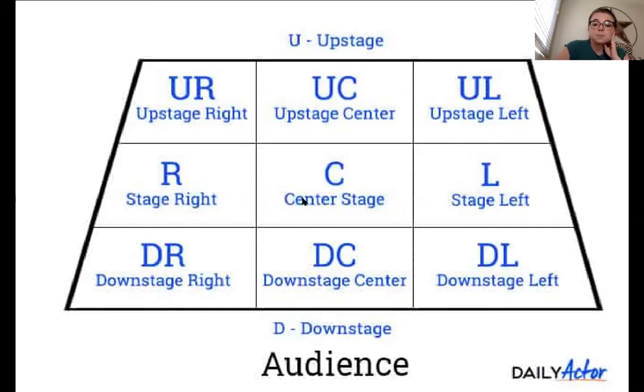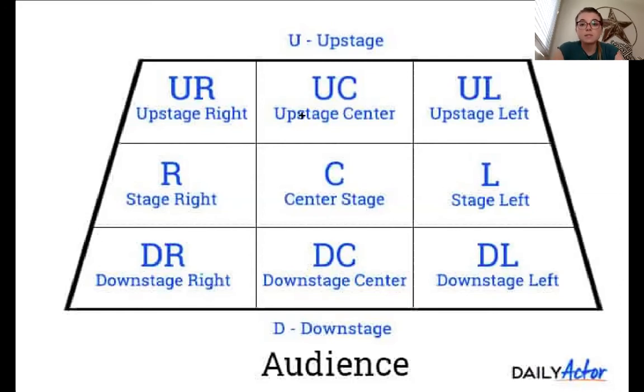And then what you see down here is the audience. So this is all based on what the audience sees physically from their point of view. So the closer that is to the audience, that's downstage. You can have downstage center, and then you have downstage left, downstage right. Then stage left, stage right, it's a flipperoo, right?